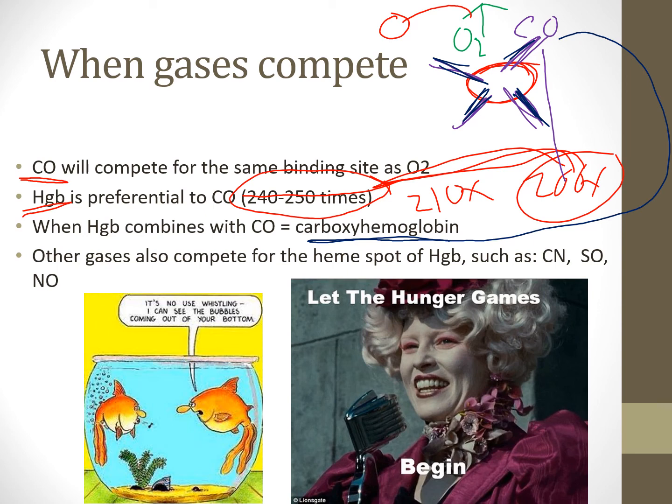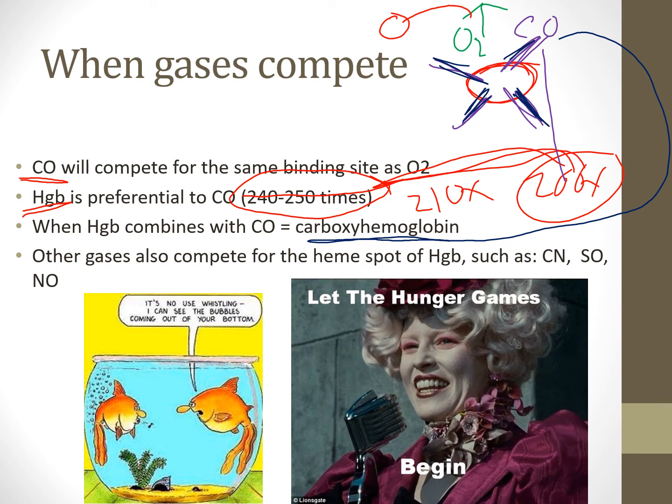And if it's fighting for the site, that is carbon monoxide. So carboxyhemoglobin. Hopefully that helps out. Carboxyhemoglobin is fighting for the site. Carbamino is just CO2 attached to it.